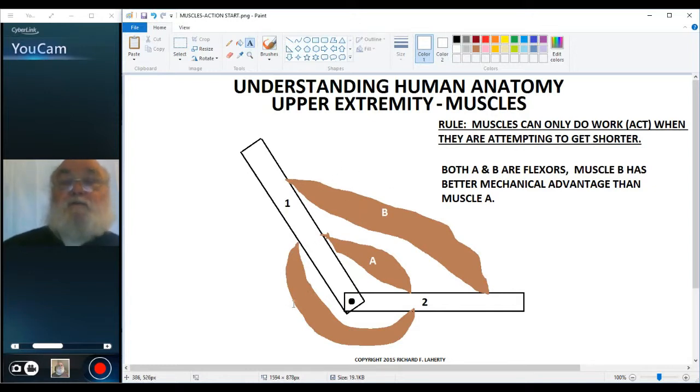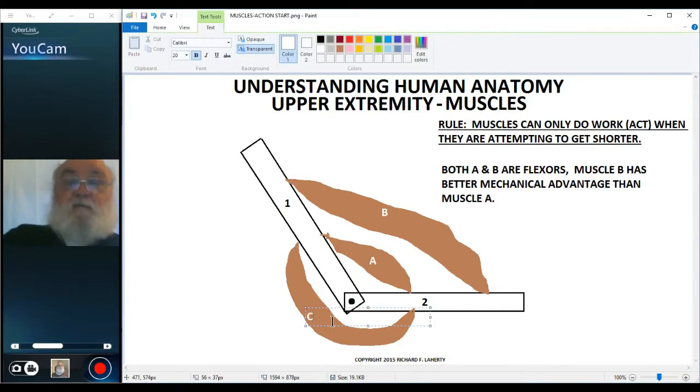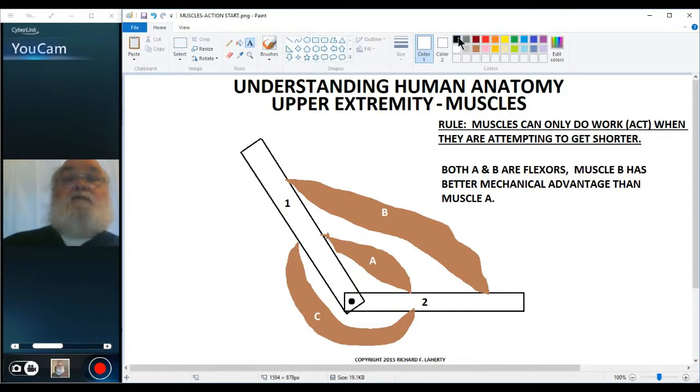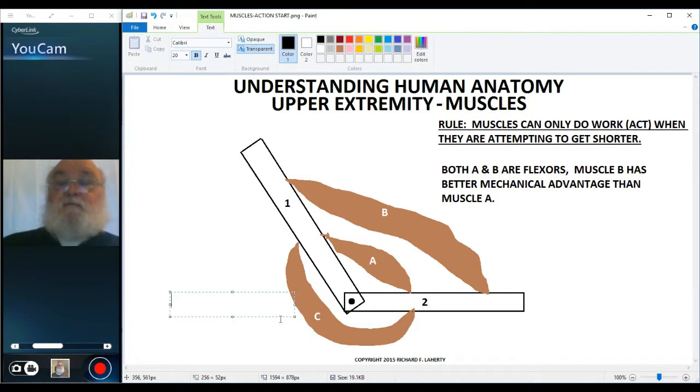And we'll call this muscle C. Muscle C is an extensor, because it lies on the opposite side of the joint. It crosses the joint on the opposite side.